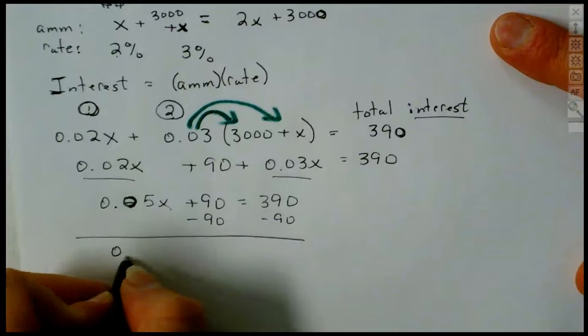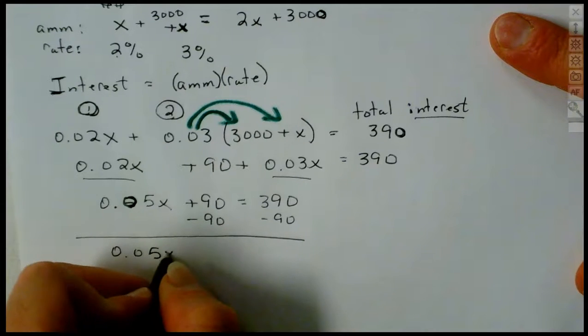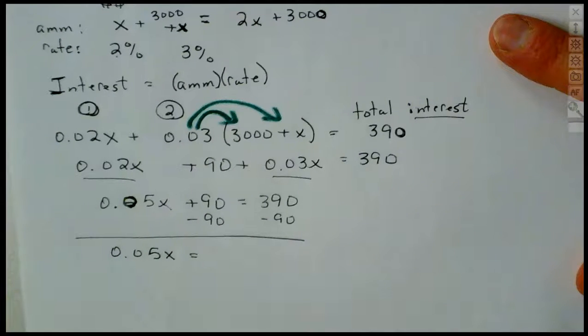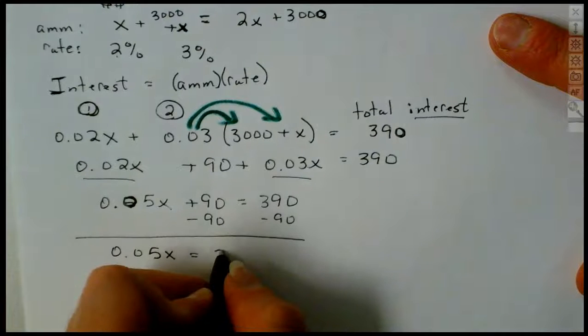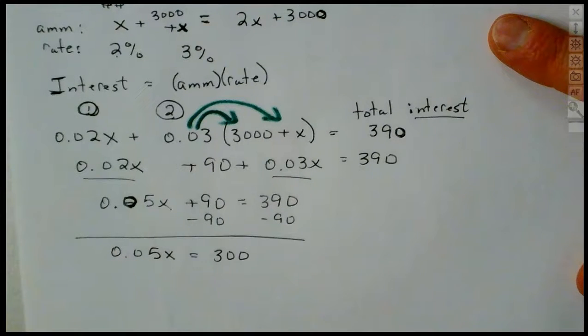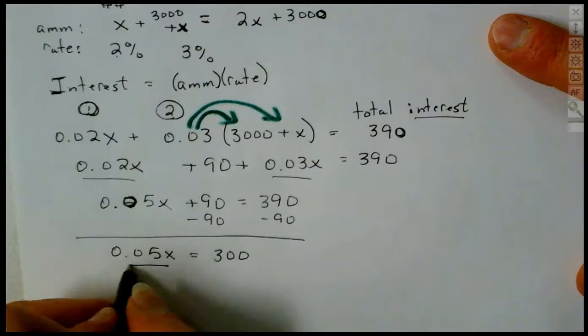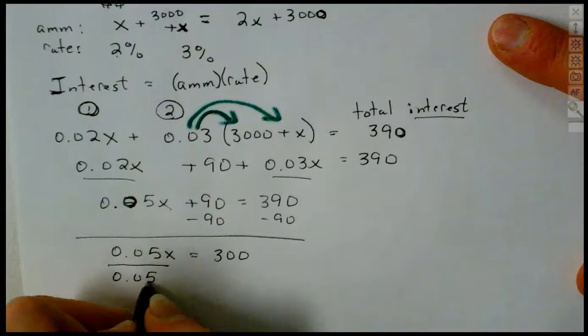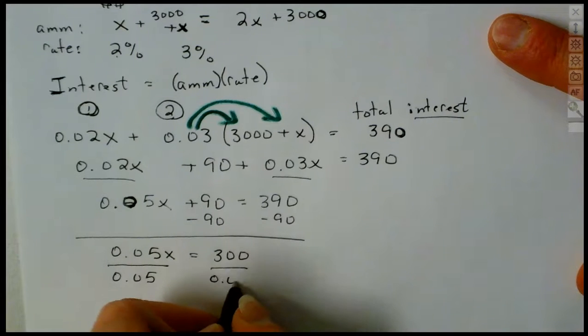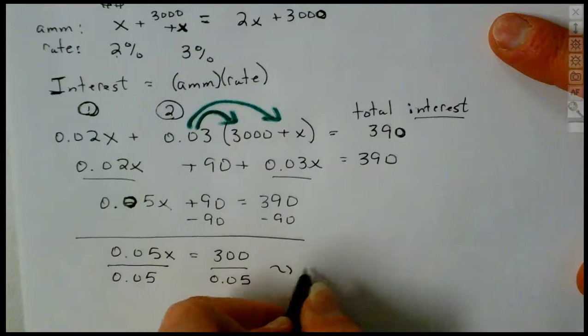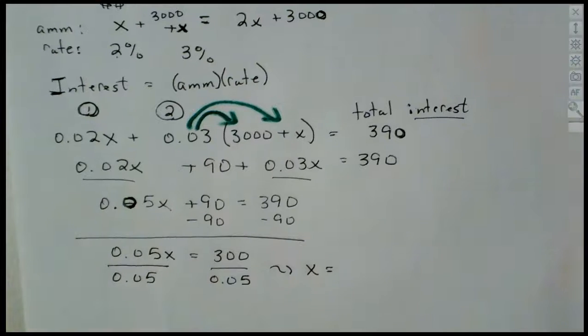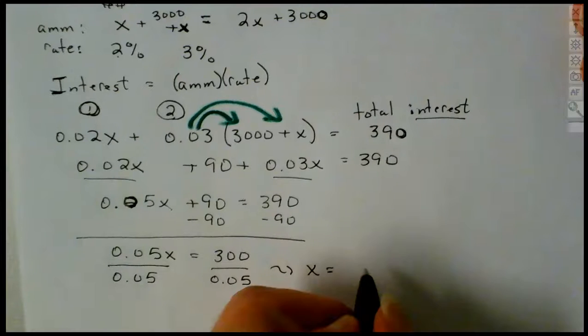And that's 0.05x. 390 minus 90, that makes it 300. We'll divide by our 0.05. And now we've got it. And we've got x to be now 6,000.